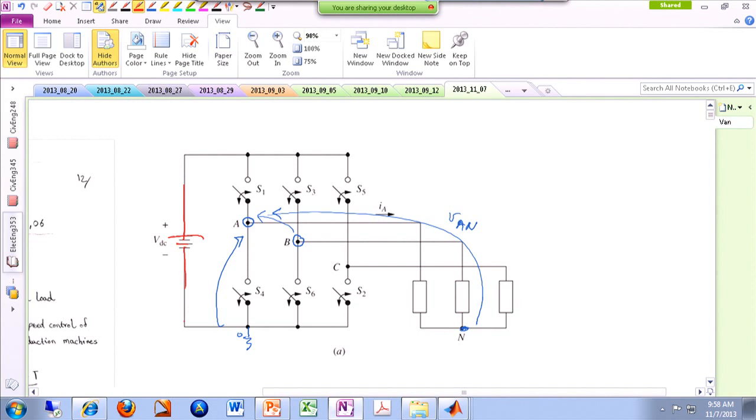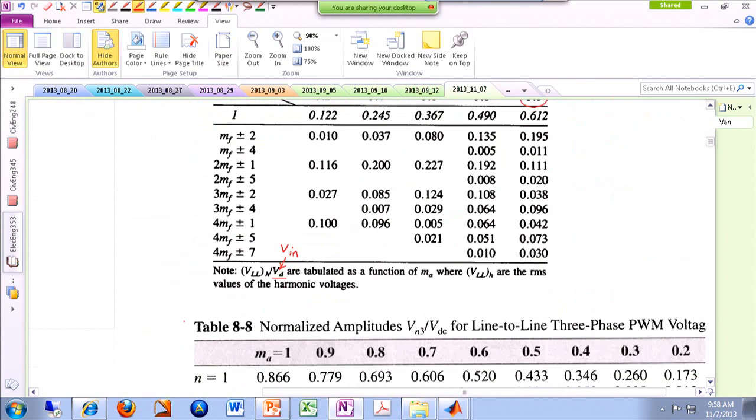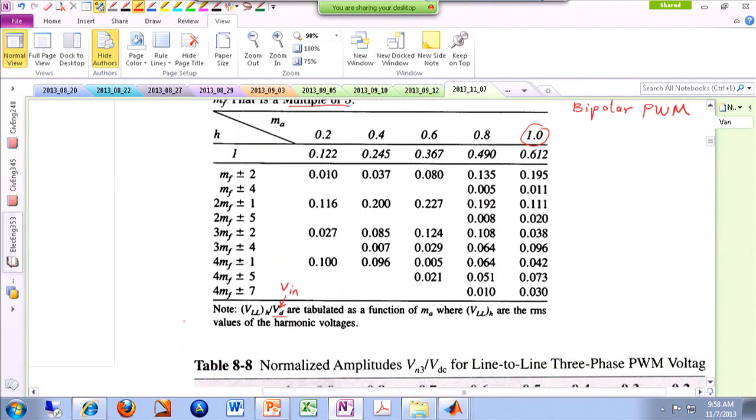The other thing that is even more important is that this particular table is giving you the RMS values, not the peak values. So far, all the tables that we have had give you the peak values. This particular one, I don't know why, gives you the RMS value. So it's very, very important to keep that in mind. So this is one table.